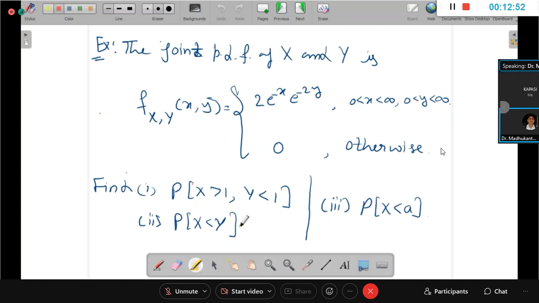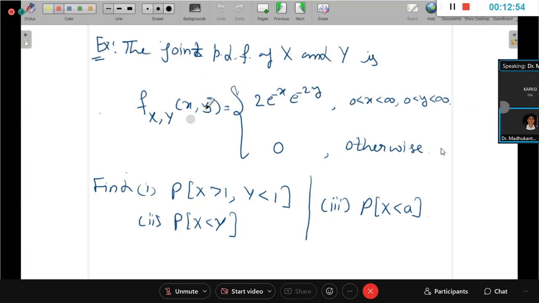So you have this exercise example. The joint PDF of the X and Y random variables is given to you.